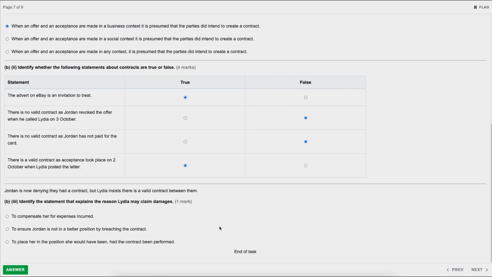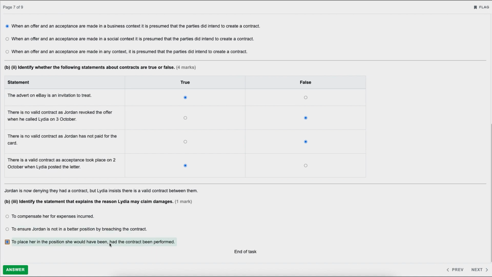The second one, to ensure Jordan is not in a better position by breaching the contract. So that is not the point of claiming damages. Claiming damages would be about reimbursing you and putting you back into a position as though the contract had actually been followed. So then the last one, to place her in the position she would have been had the contract been performed. There we go. Okay, so it would be our third option.